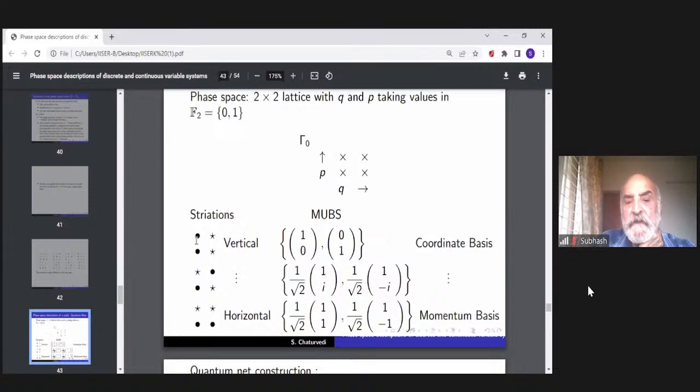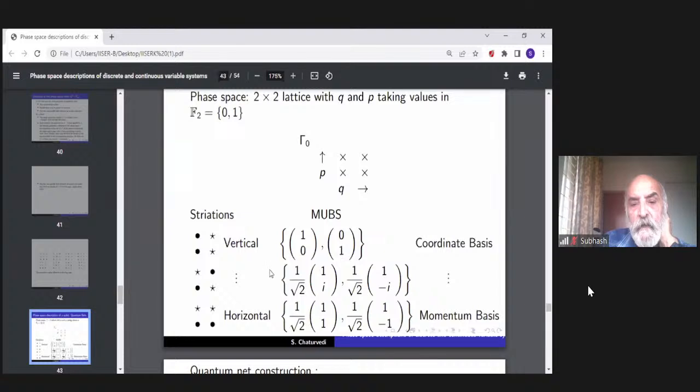Then you associate the vectors to the other lines in that striation by the application of the displacement operator. All right, so this is what you do.